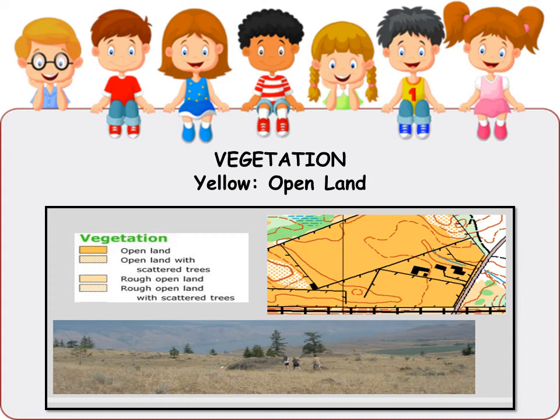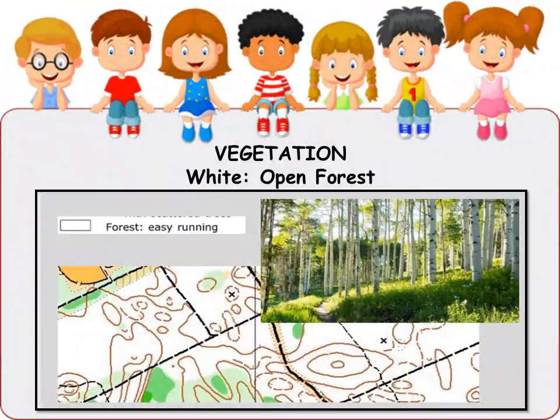For vegetation, first we have the yellow, which is open land, or open land with scattered trees, or rough open land with scattered trees. We have the white vegetation, open forest. The pictures on your screen show an example of vegetation of an open forest.